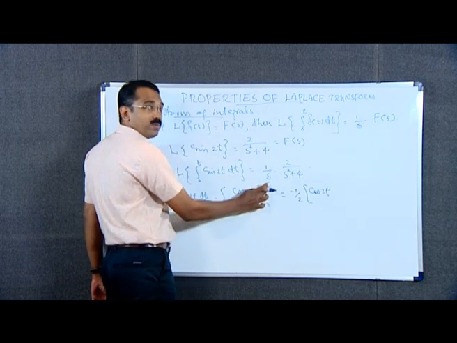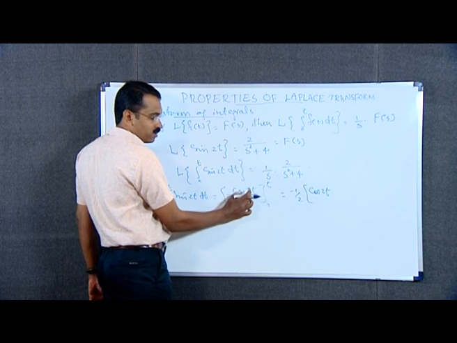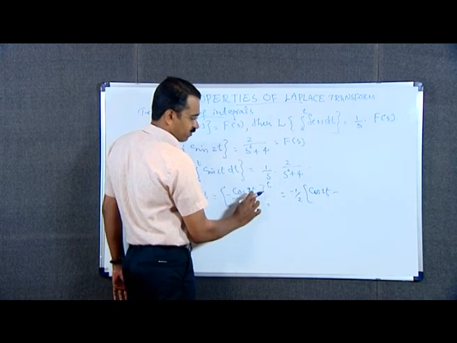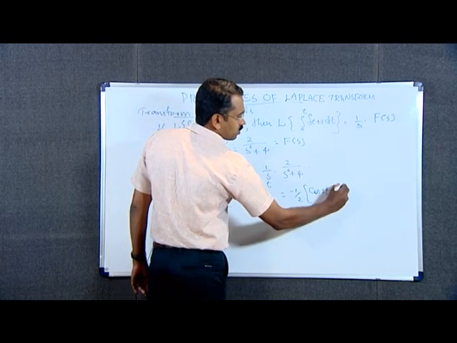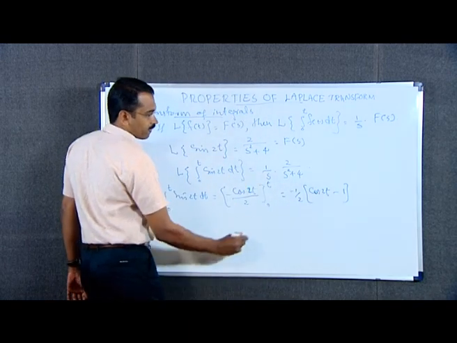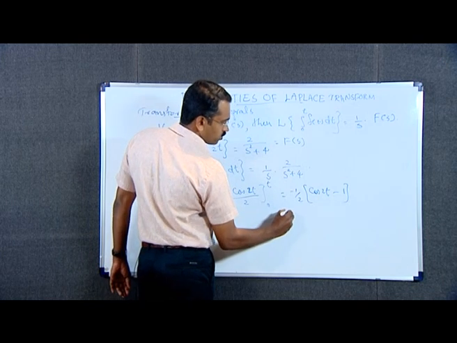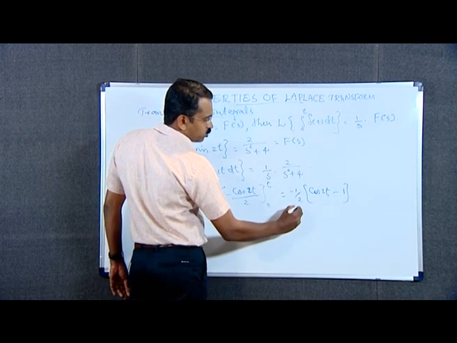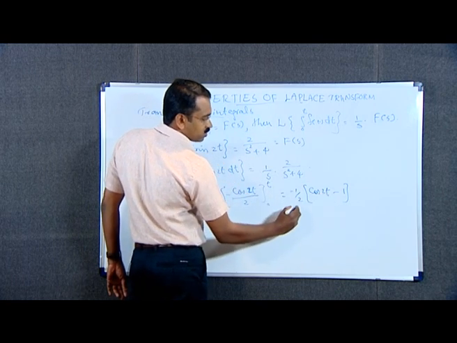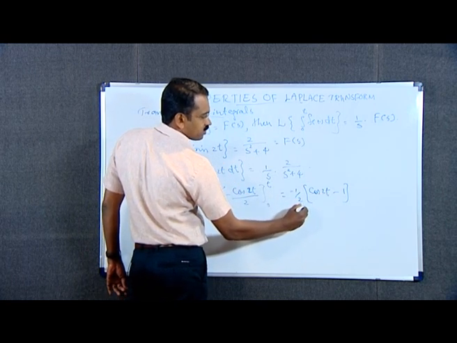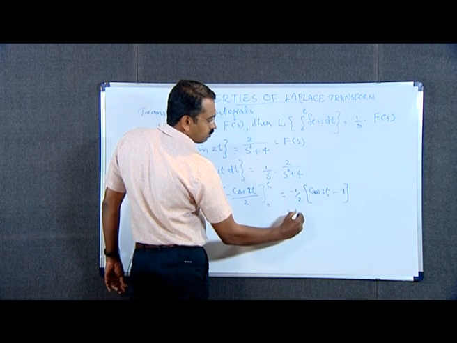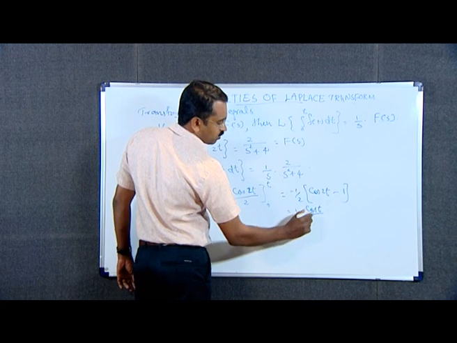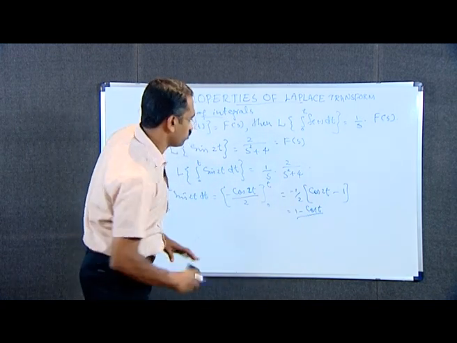When we apply the upper limit t, this is cos 2t itself, minus, when t equals 0, cos 0 is 1. So this is equal to minus 1 by 2 into cos 2t minus 1, which we can write as 1 minus cos 2t divided by 2.